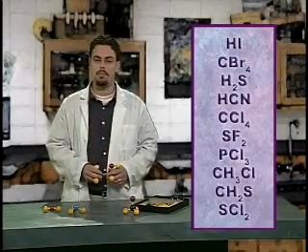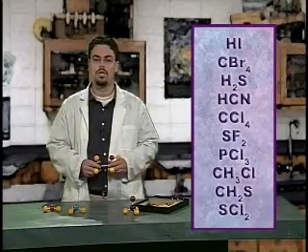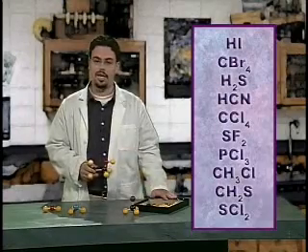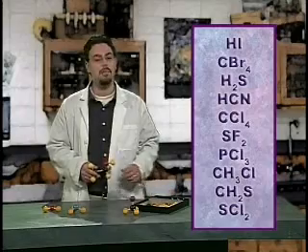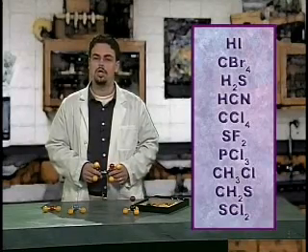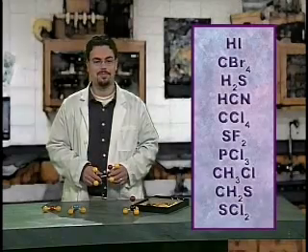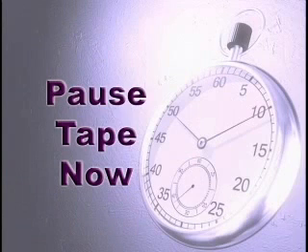This is an important step because it will help you be able to visualize these molecules. You will either be using a model kit or toothpicks and gumdrops to make your models. When you have completed this, your local teacher will check your models and help you with any that you have missed. Local teachers, please pause the tape now and give students time to work lab activity.